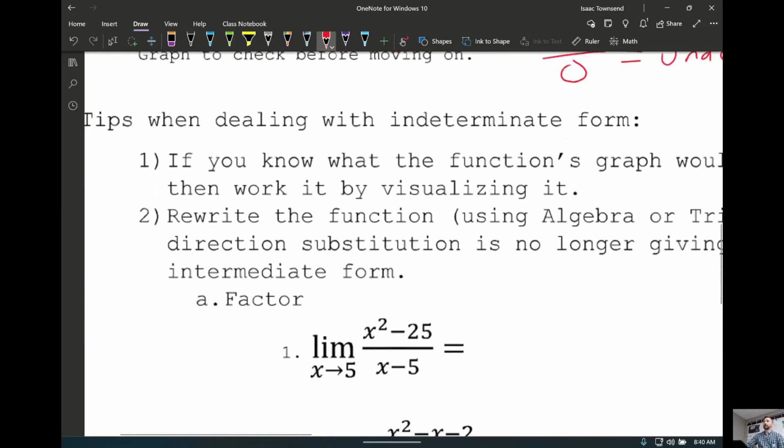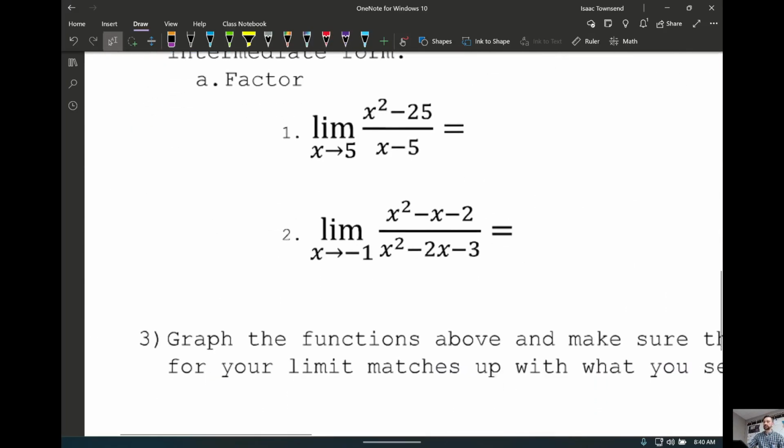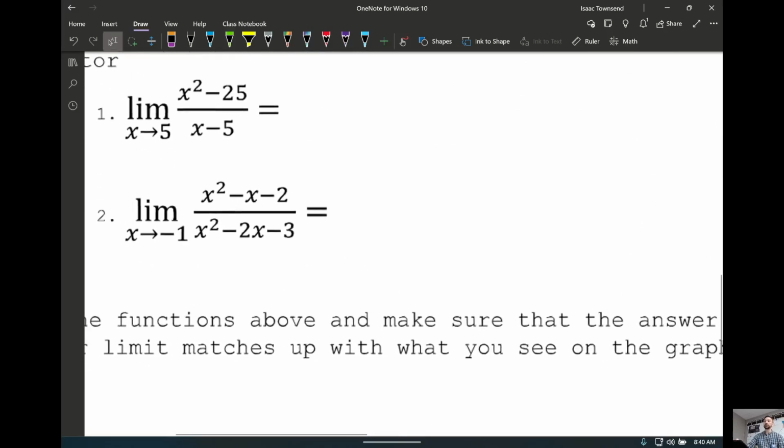Okay, and that's it. So let me say that again on these last 2 more examples here that you copy down for your notes. Always start with direct substitution and hope that it works. But if you get 0 over 0, you need to work algebraically, or with trig identities, or with fractions or exponents, any way you can.